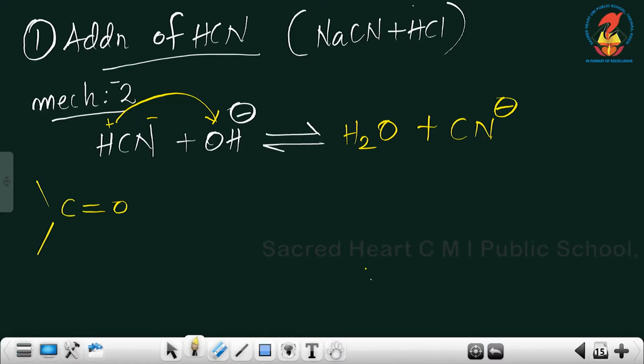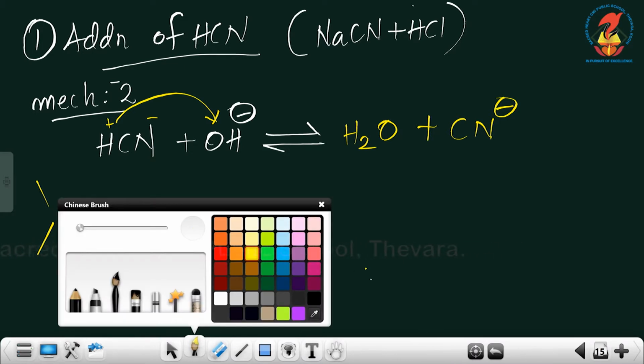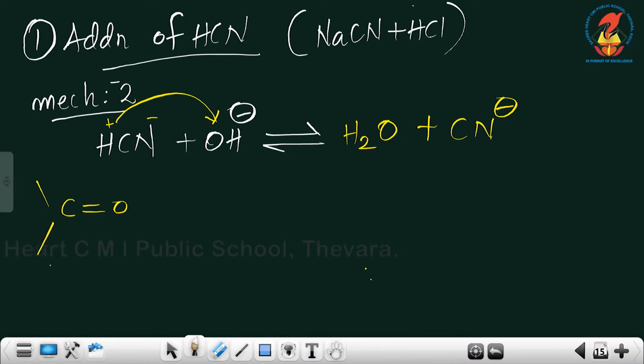And the aldehyde or ketone, whatever it is, generally we can represent it as a carbonyl compound. Okay. Whenever we write a mechanism, write the polarization. How is the polarization of C double bond O? Delta plus and delta minus.